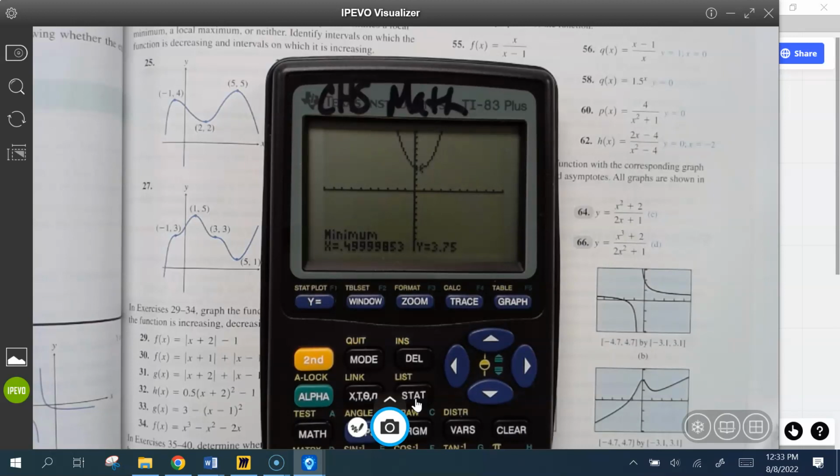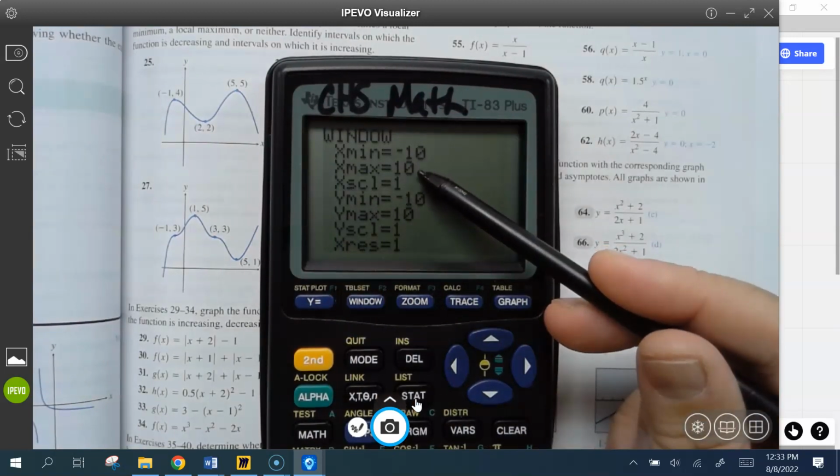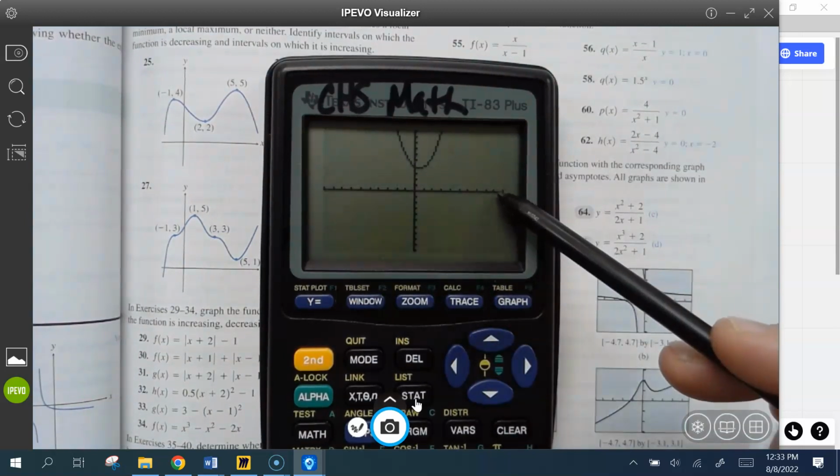What else? The missing point. Oh, is that like you couldn't see all the graph? Yes. Hit window. This tells you what your X goes out to. So this is saying that whenever I'm looking at the graph, it goes from -10 to 10.